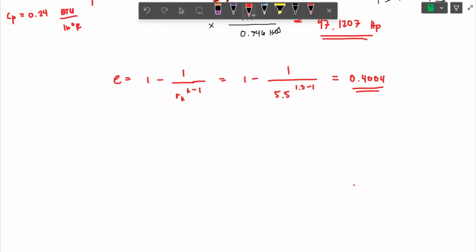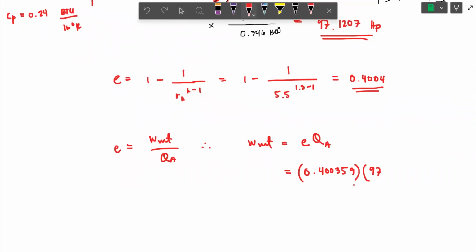And for your work net, gamitin mo na rin yung efficiency mo. So, efficiency is equal to work net divided by QA. Therefore, yung work net mo is equal to E QA. Yung E is 0.400359. Huwag mo na munang i-round off yun, and then multiply with yung given dyan na QA.